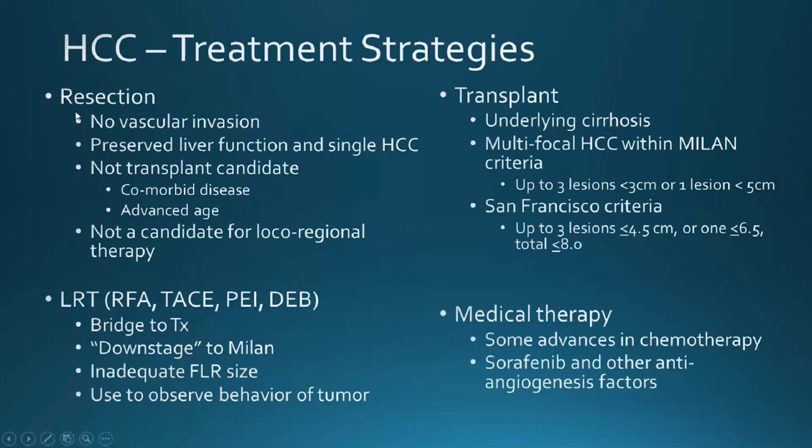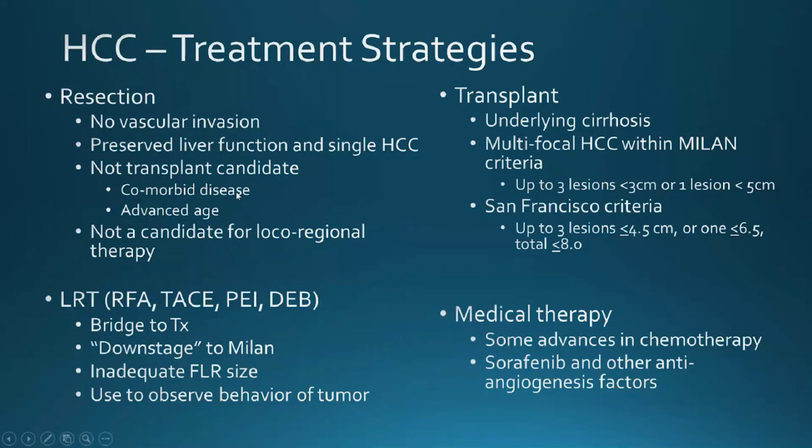Treatment strategies are resection, some local regional therapy, which we'll talk about more in depth, and then transplantation and medical therapy. For resection, there should not be any vascular invasion, liver function should be preserved, and probably a single or maybe two hepatocellular carcinomas, which gives us the opportunity to resect, based on the severity of liver disease. And the patient is not a transplant candidate because of a variety of issues.